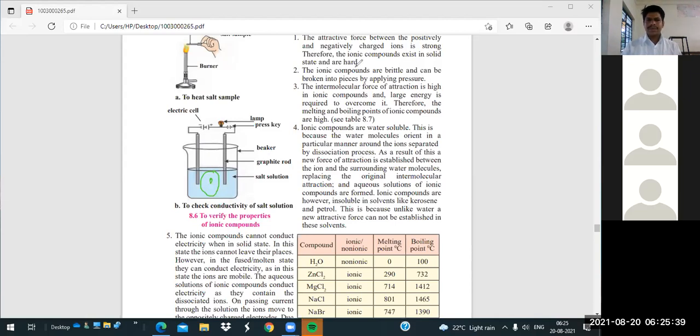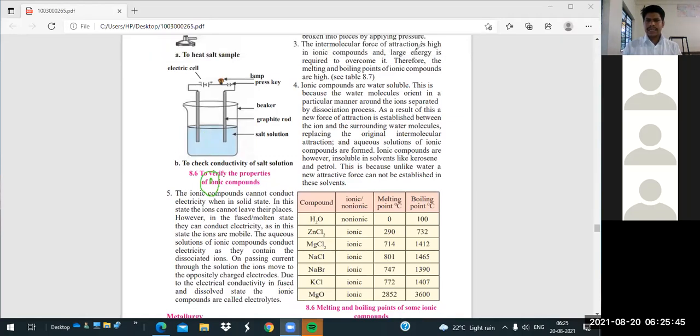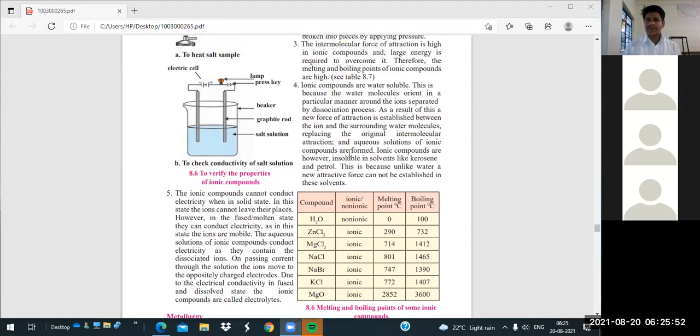And fifth, ionic compounds cannot conduct electricity while in the solid state. When they are in the liquid, molten or fused state, they allow electricity to pass.